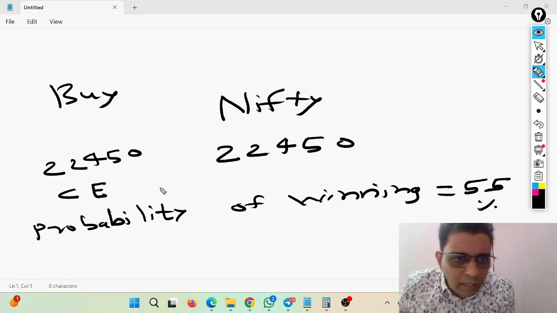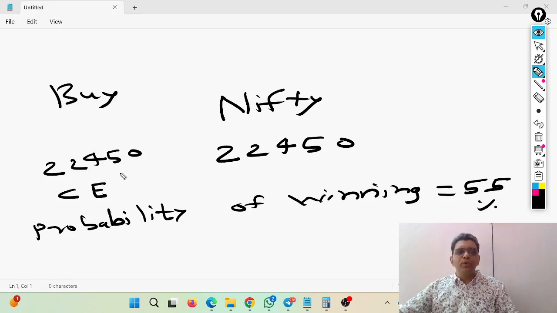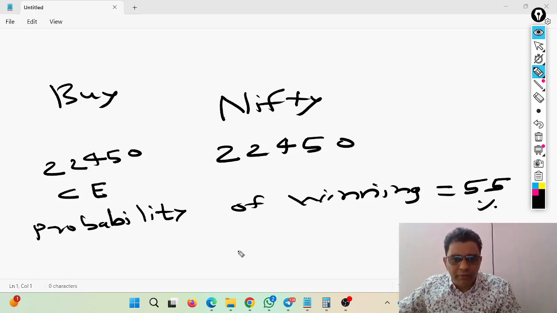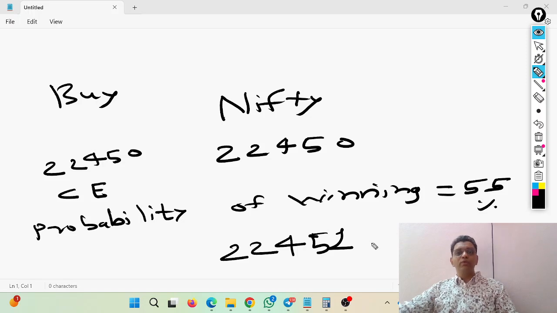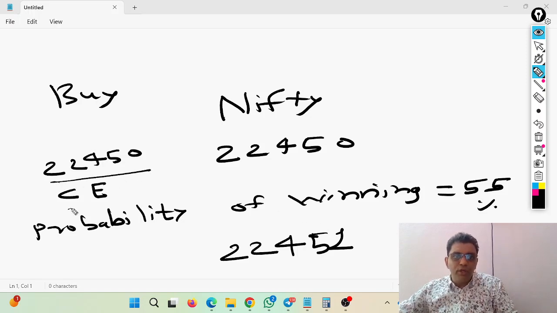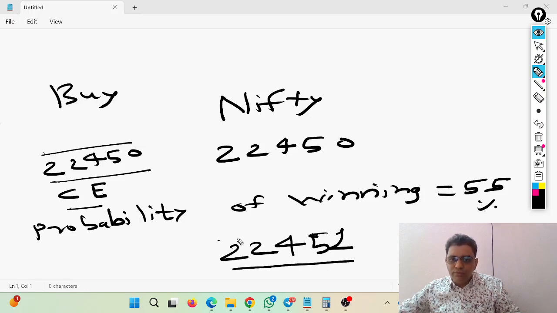Even if, for example, Nifty closes at 22,451, I am writing over here, am I a winner? Yes, because I had bought the 22,450 call option. That means I was betting that Nifty will give a closing beyond 22,450. So if Nifty gives a closing at 22,451, then I am the winner.